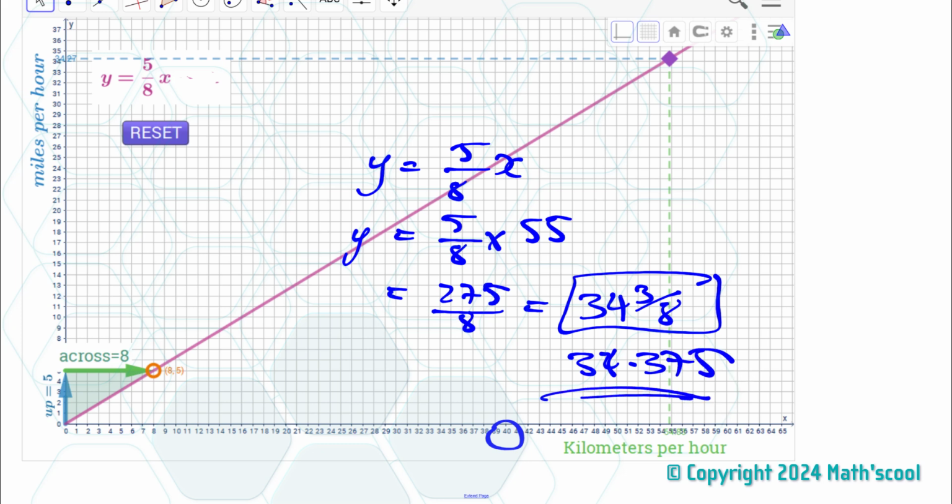I don't think I could have read that accurately off the graph. Okay, so that would be miles per hour. So we converted 55 kilometers per hour, and it became 34.375 miles per hour.